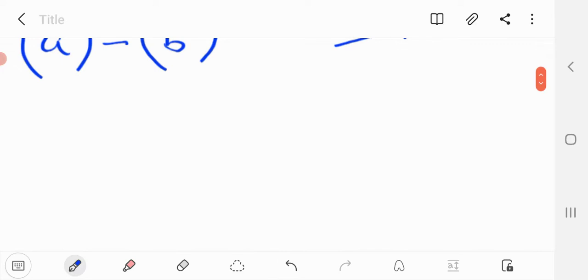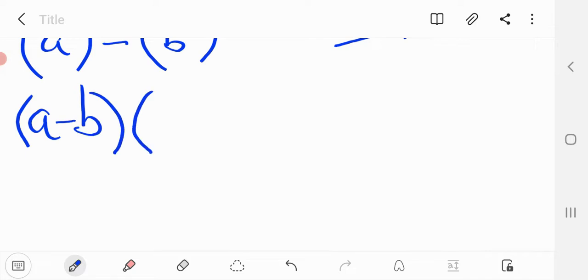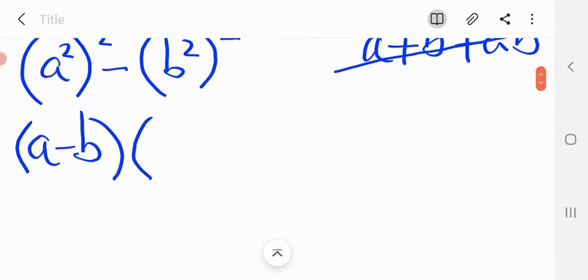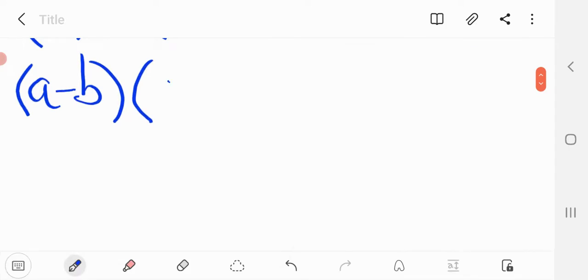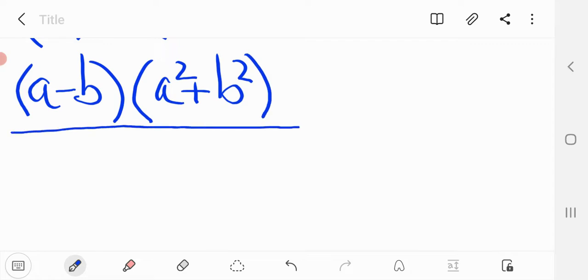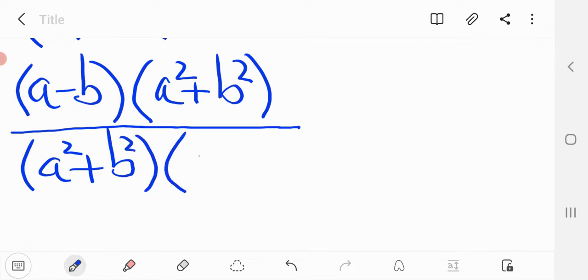So in the next step we are having a minus b, then on the other side we are having the term a square plus b square, a square plus b square, whereas in denominator we have the a square minus b square formula, so it should be written like this: a square plus b square, one in the positive and one is negative, a square minus b square.